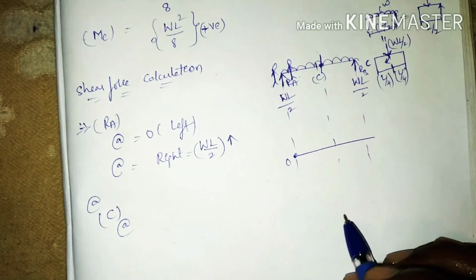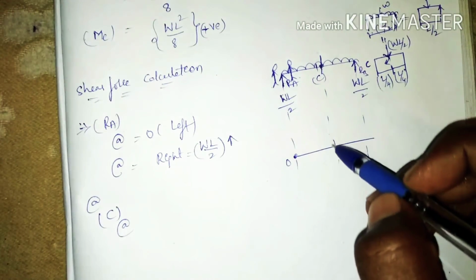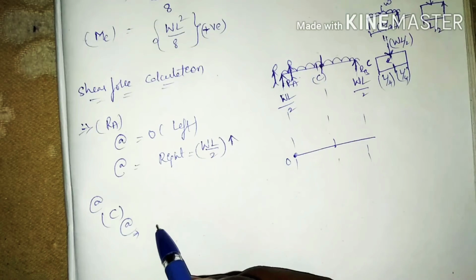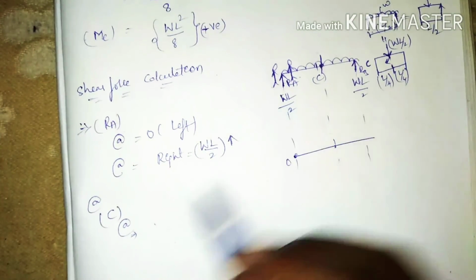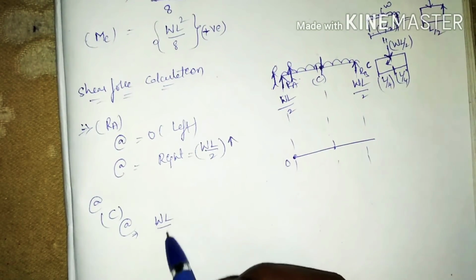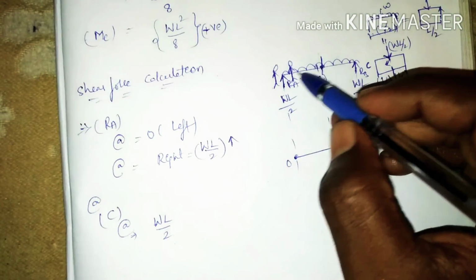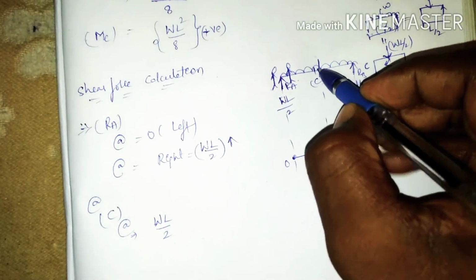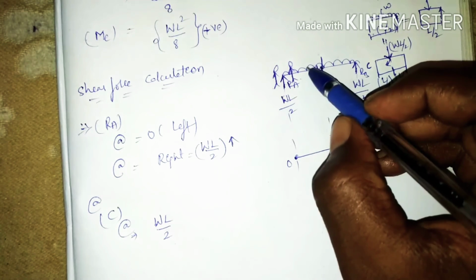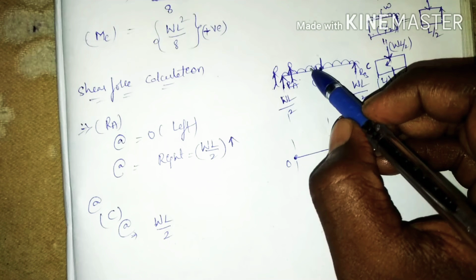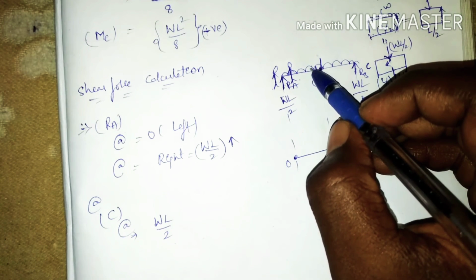Directly you have to take the value at C. At C we are having WL by 2, and it is continuously going up to here. Here we are going to have W, which is going to convert into W kilonewton only here.